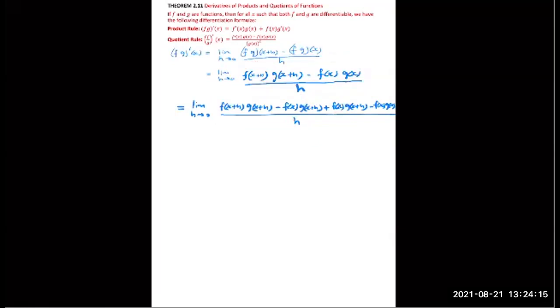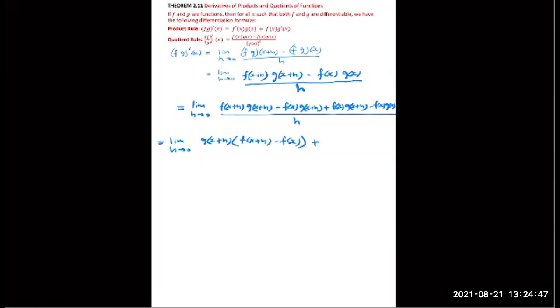Okay, so now what I'm going to do is pair terms. I'm going to look at these two things and pull out the g of x plus h. As you can see, g of x plus h is common for those two terms. Then you get limit as h goes to 0, g of x plus h times f of x plus h minus f of x.